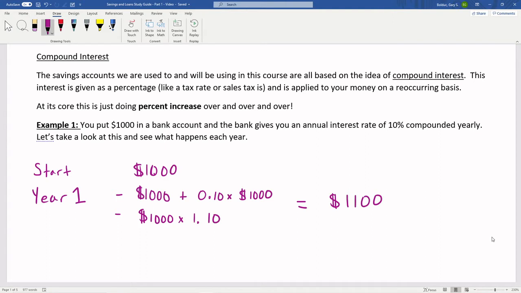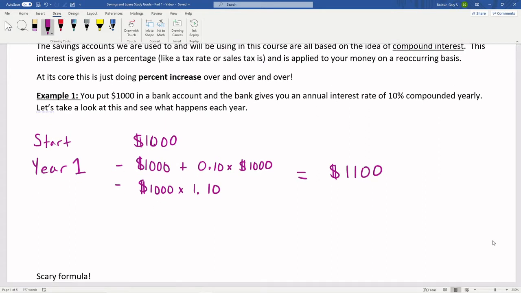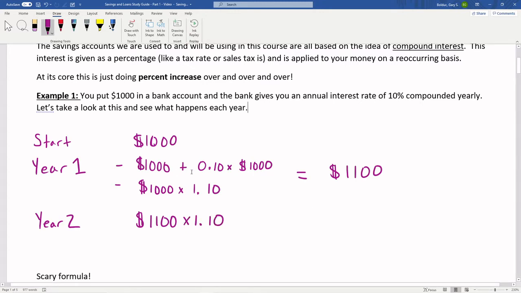Okay, so year 2. What happens in year 2? The bank says, okay, well, you have $1,100 in your account. We haven't touched it yet. Do the same thing. I'm going to increase it by 10% again. Of course, you can do it this way here, right?